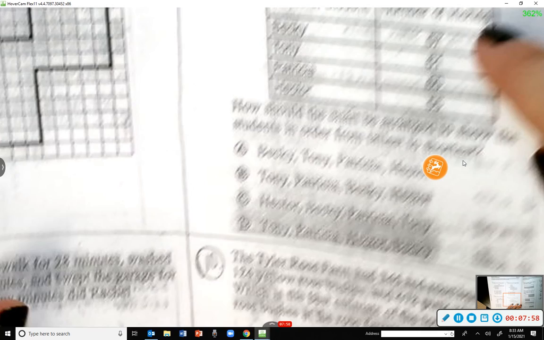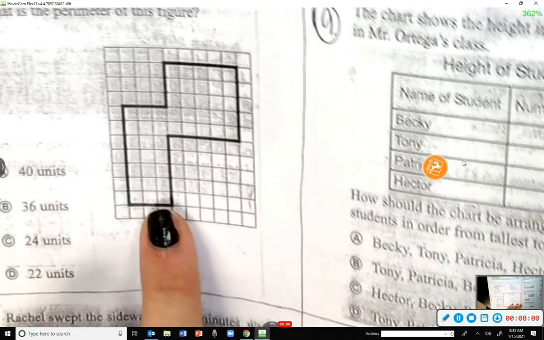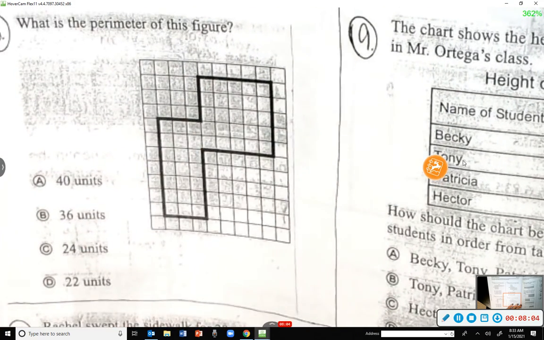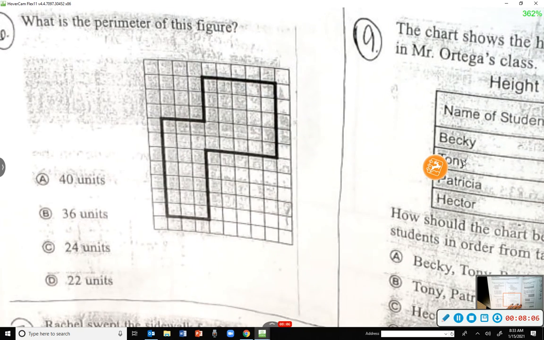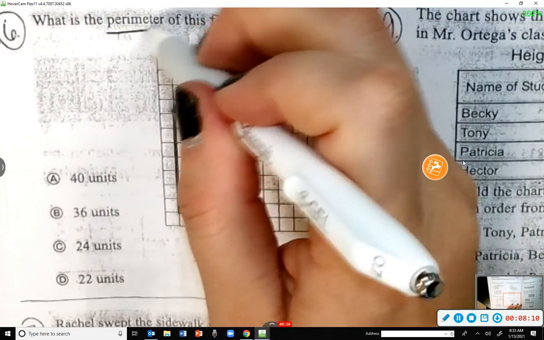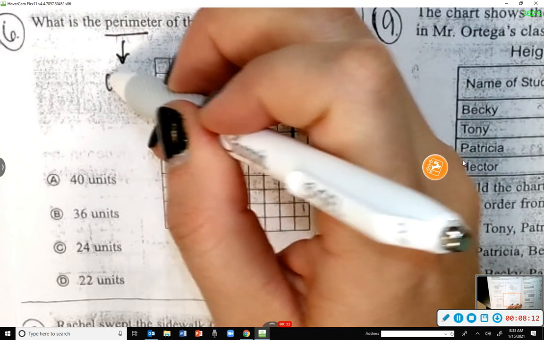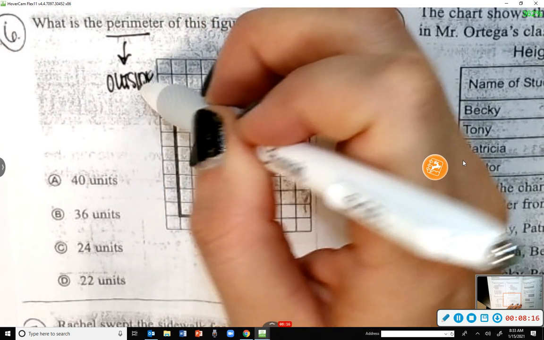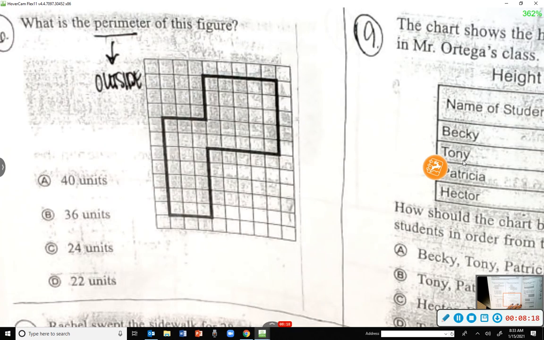Now let's see. This one's perimeter. Okay, are you going to count the squares on the inside or on the outside? Outside. You better remember that. Perimeter is going around the outside of the shape, like the fence. And use the perimeter post to help.